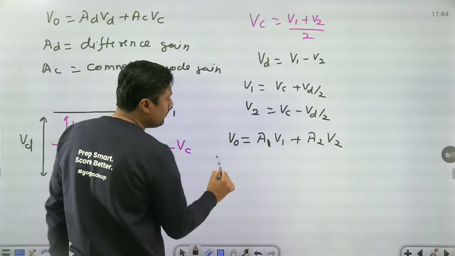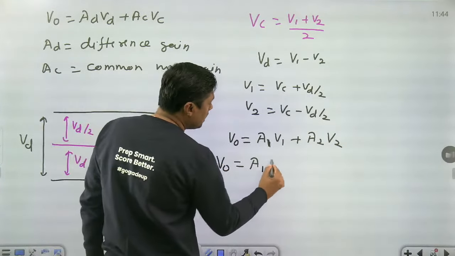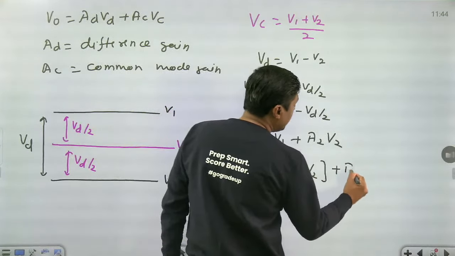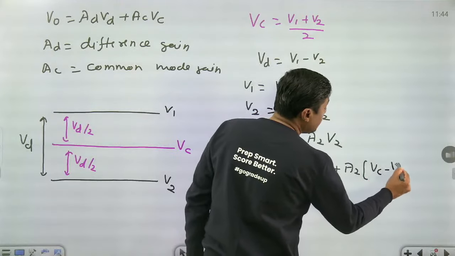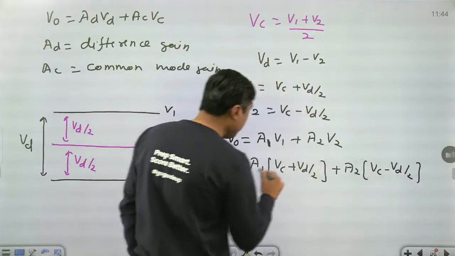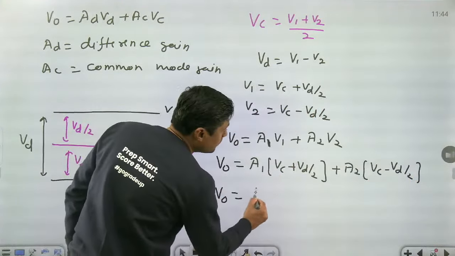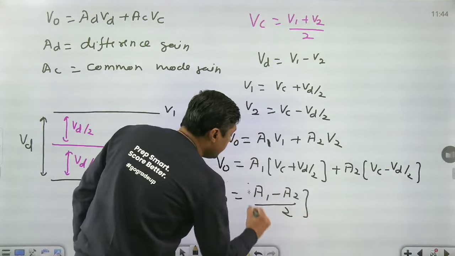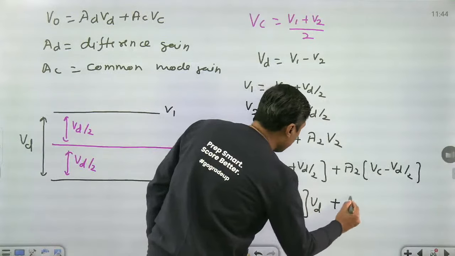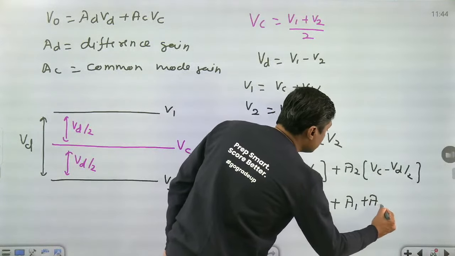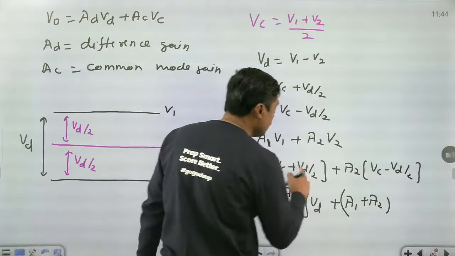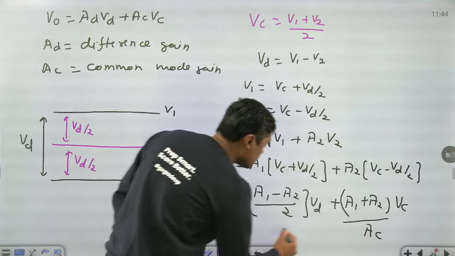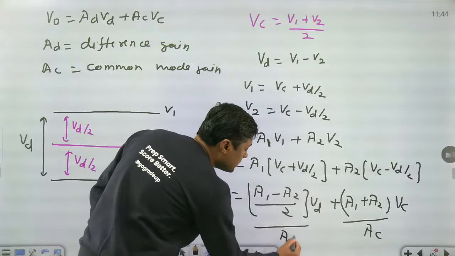Replacing with these, we get A1 (VC plus VD by 2) plus A2 (VC minus VD by 2). Then we can arrange V0 equal to (A1 minus A2) by 2 into VD, plus (A1 plus A2) into VC. This is called AD and this is called AC.